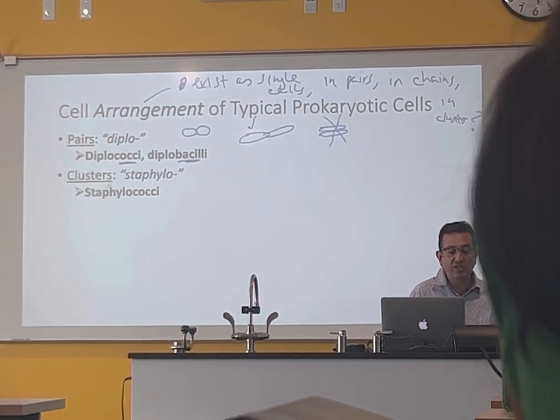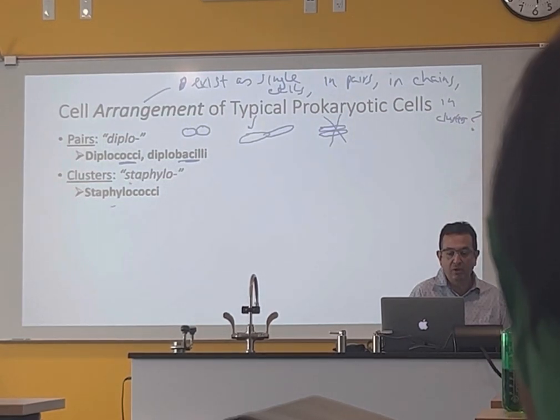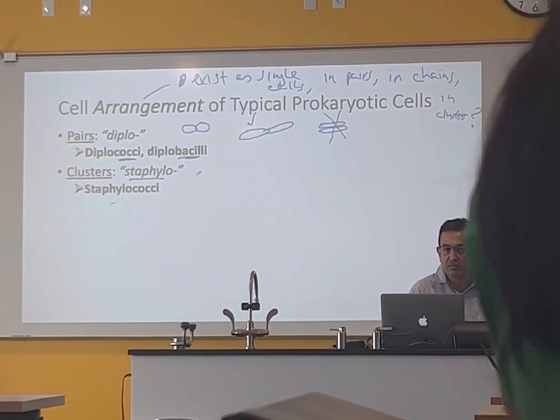Maybe they exist in clusters this time, and so now you can't use diplo, now you use the prefix staphylo. Staphylo means clusters. So staphylococci would be a cluster of spheres, right?